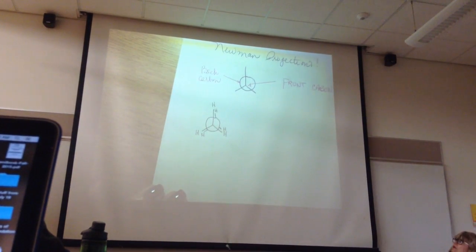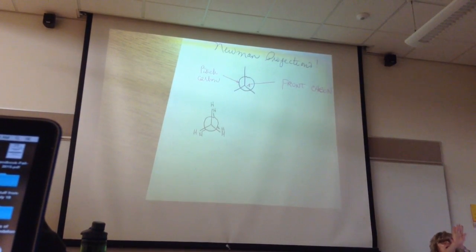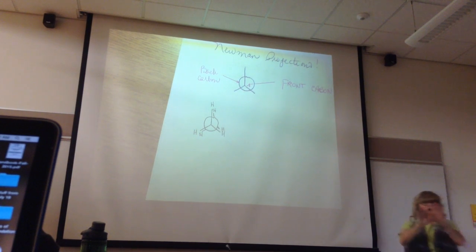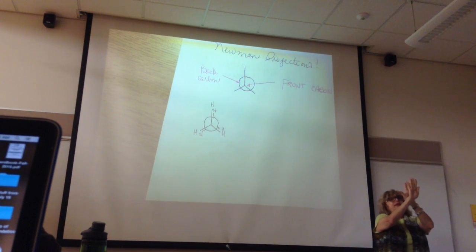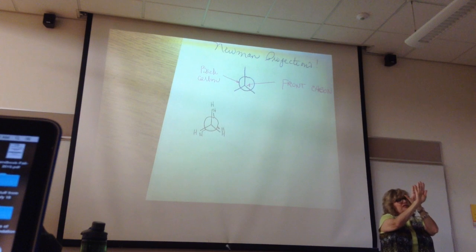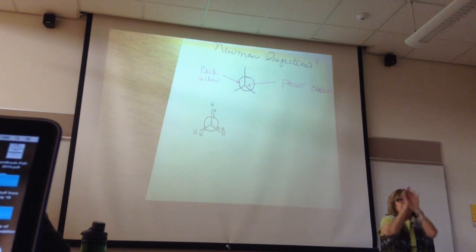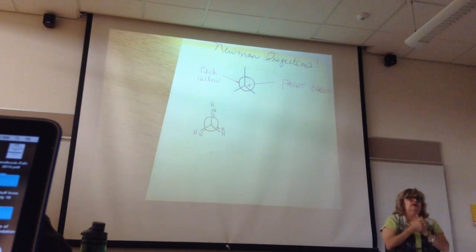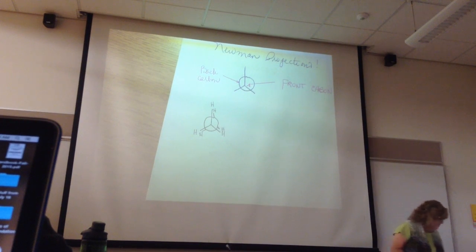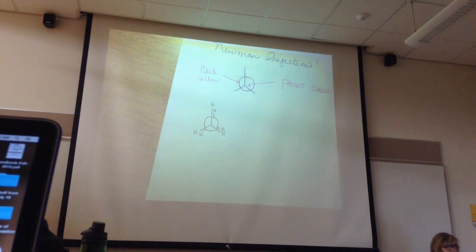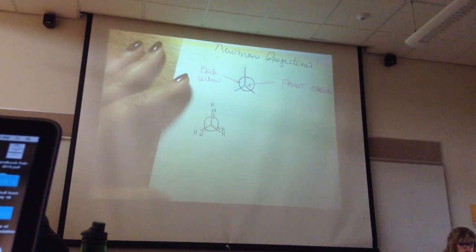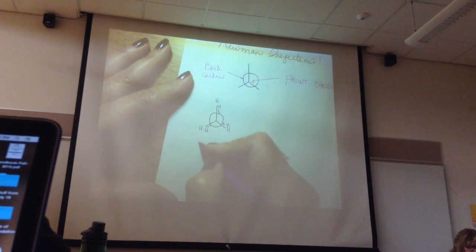When the hydrogens are like this, you have the carbons and your hydrogens are right behind them, and you don't see anything, this conformation is going to be called the eclipsed conformation. The word is eclipse.